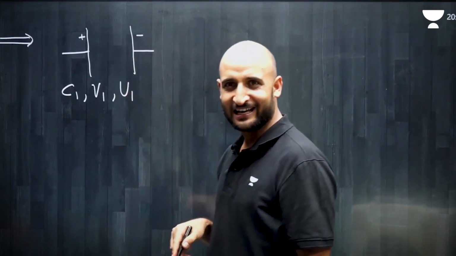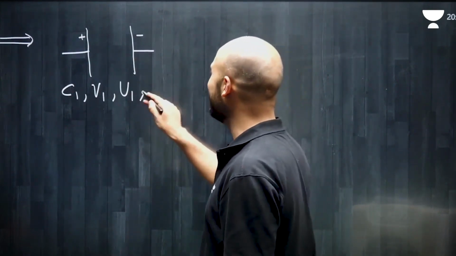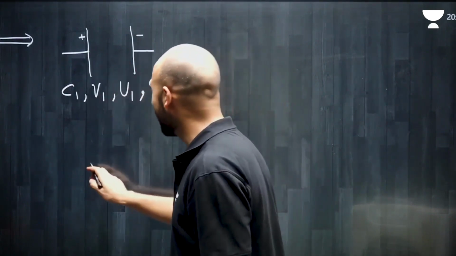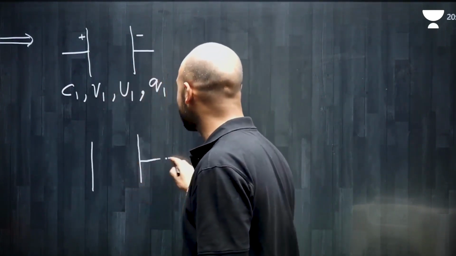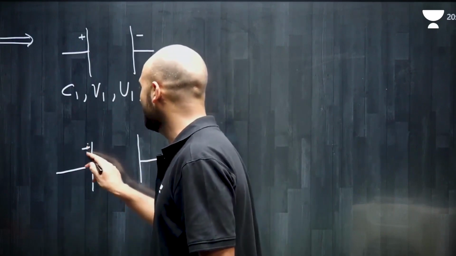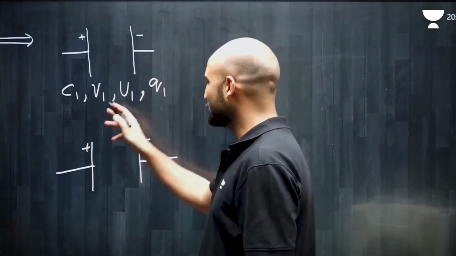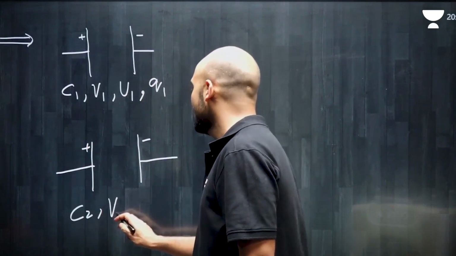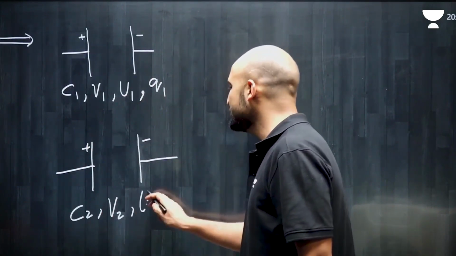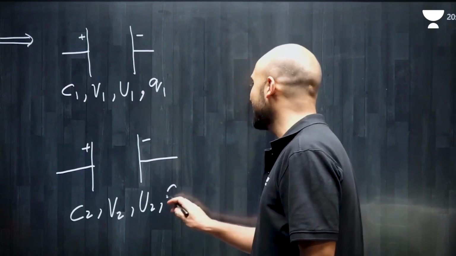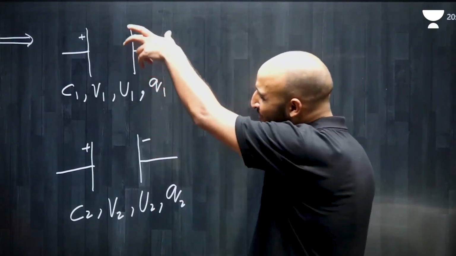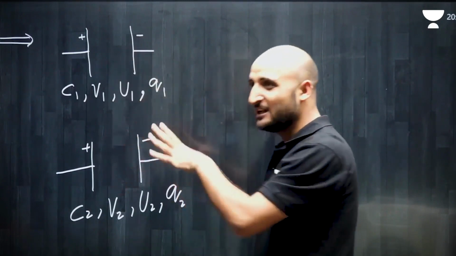Charge on the capacitor is, let's say, Q1. And you have one more capacitor here. This is the positive plate, this is the negative plate. Let's assume that capacitance is C2, potential of the capacitor is V2, energy stored is U2, and the charge on the capacitor is Q2. Now you are connecting these two parallel plate capacitors.